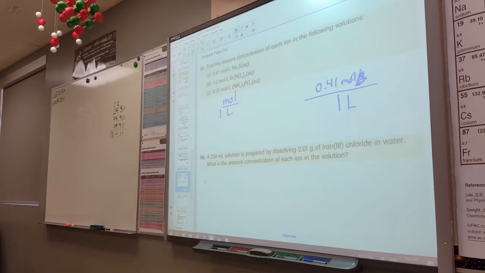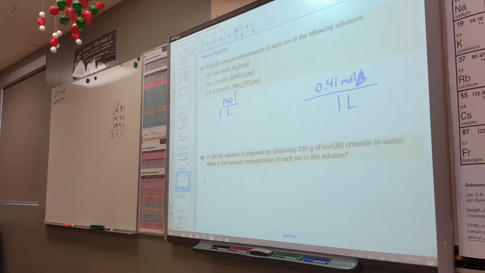It's saying you have a solution, and the only way to know it's going to split is dissociation.